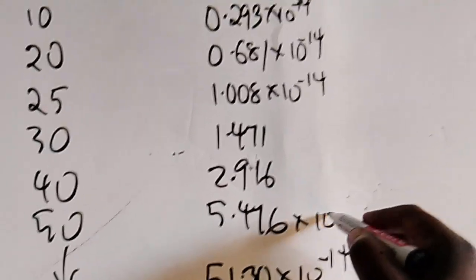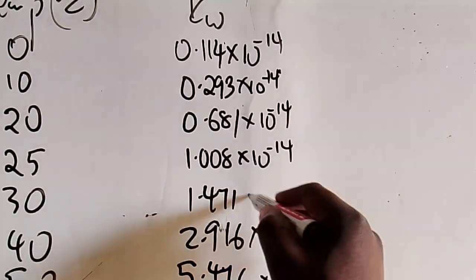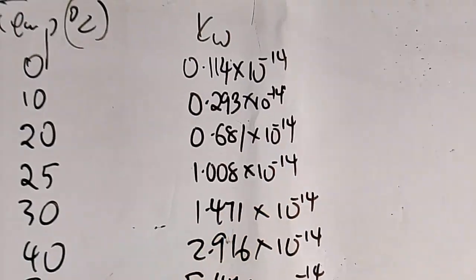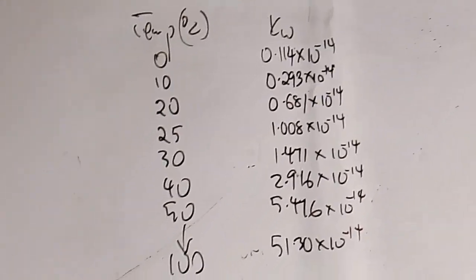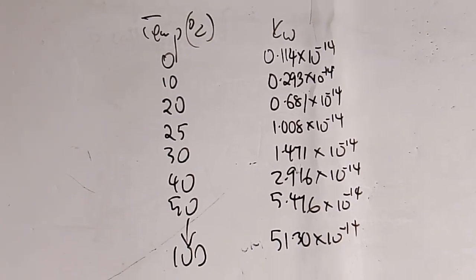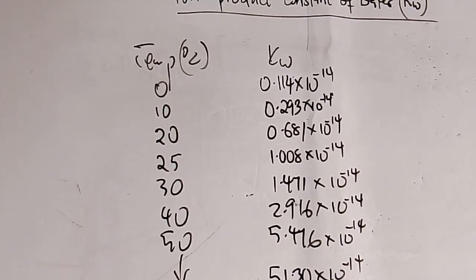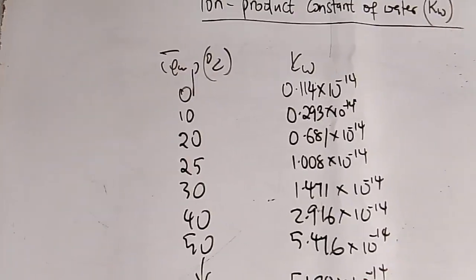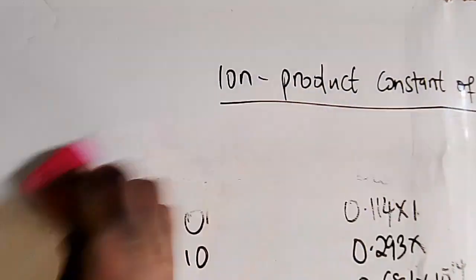These are the Kw values. As you can see, as the temperature increases, Kw also increases. The reason being, the auto-ionization of water is an endothermic process.